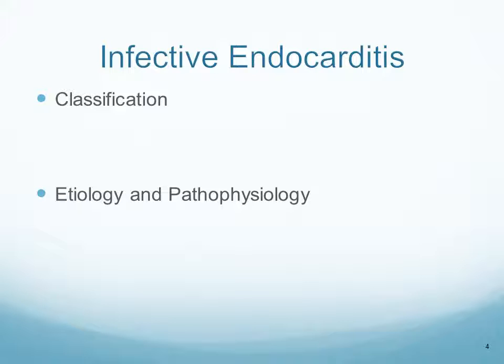And in that inflammatory response, you'll remember that there is this hypercoagulable state. So we have a lot of platelets and fibrin that come to the area that is damaged, and those platelets and fibrin kind of stick there on the valve.